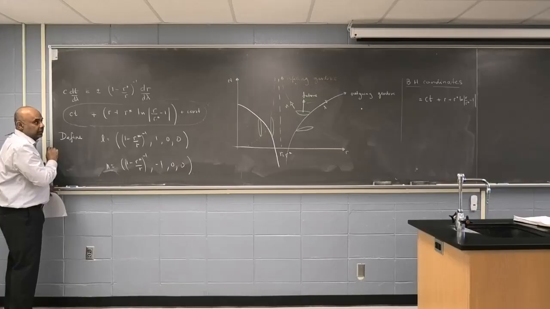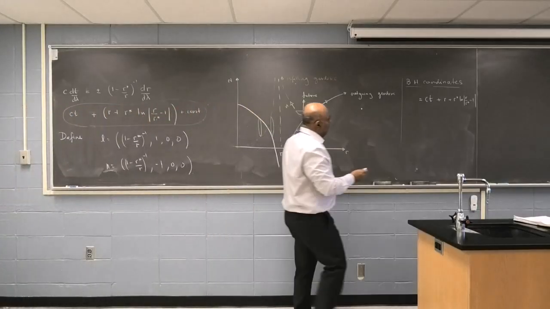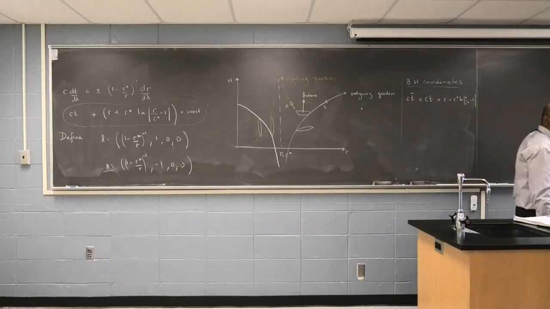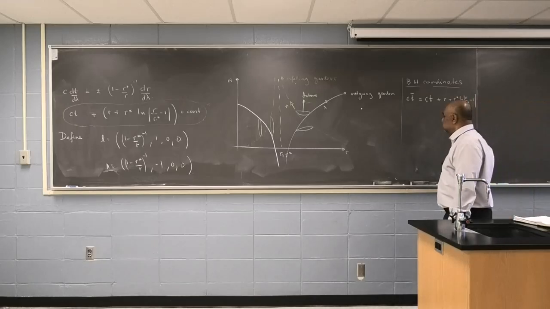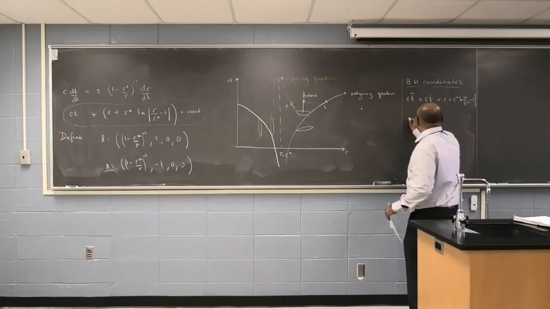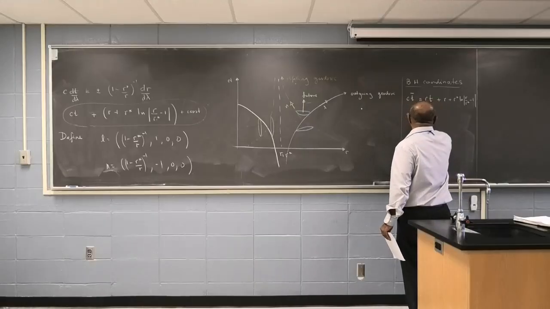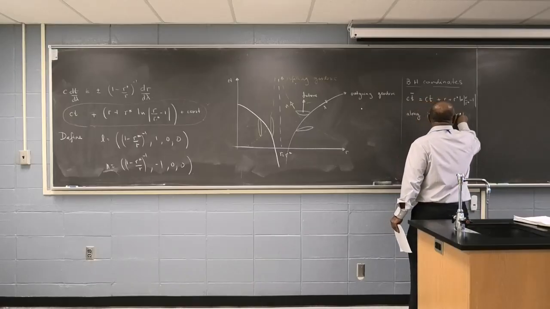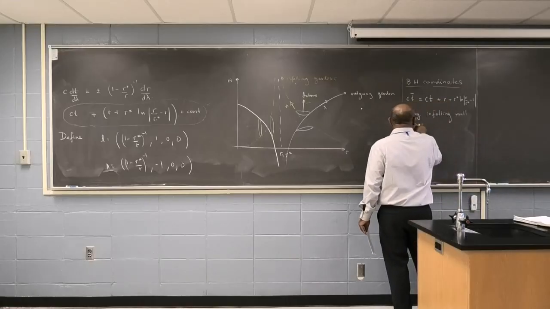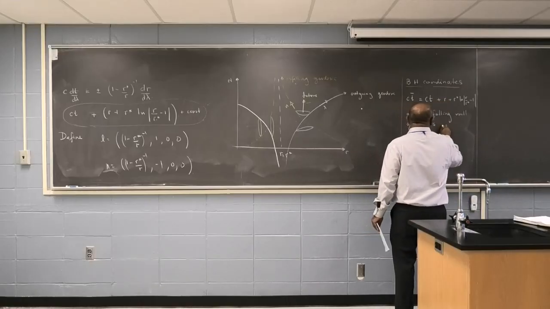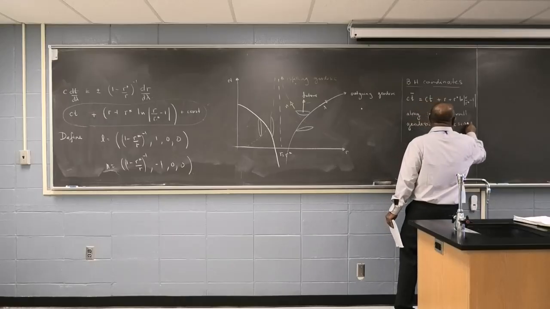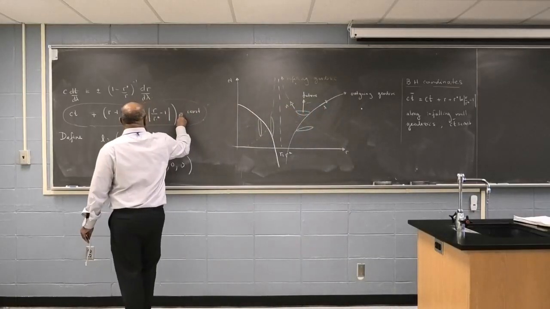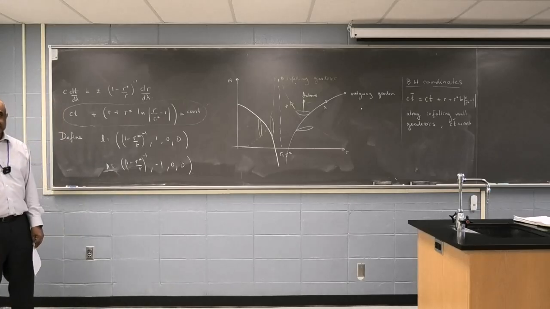Yeah? So, and then whatever is on the left-hand side, I'm going to call it by a new time, ct bar. One thing to note here is what? Along infalling null geodesics, ct bar equals constant. Why is that? I've answered it for you.